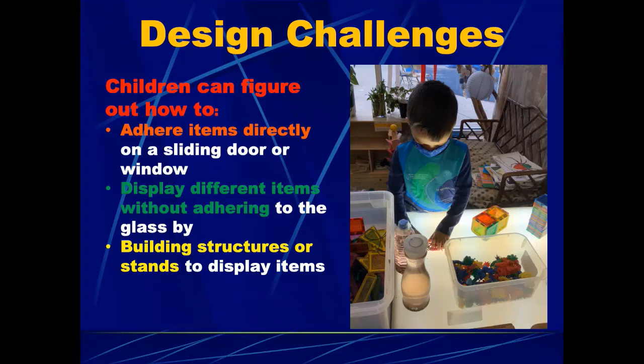As children apply their scientific knowledge and reasoning about how various items respond differently to natural sunlight, teachers can offer design challenges to encourage children to apply their design thinking in order to figure out, how can I adhere items directly onto a sliding door or a window? How can I display different items without adhering to the glass, such as building structures or stands to display items and observe how sunlight interacts with them?